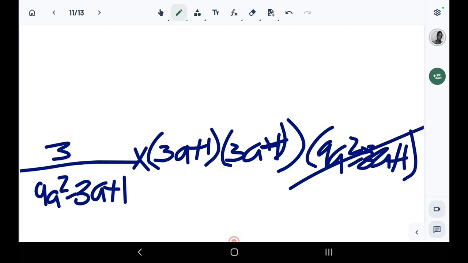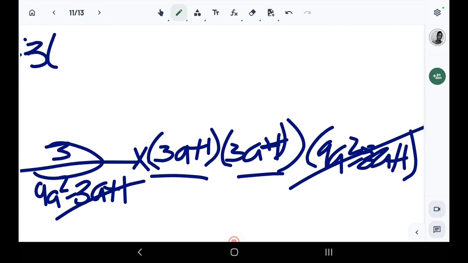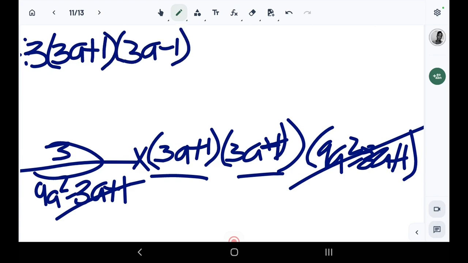Basically, the 9a squared minus 3a plus 1 cancels out, and you're left with 3 times this and that. Therefore, 3 is multiplied by 3a plus 1 times 3a minus 1. That is your difference of two squares.